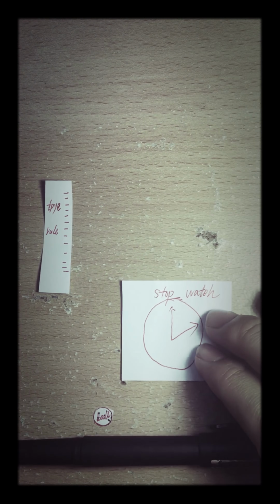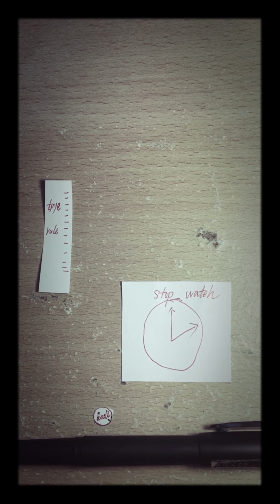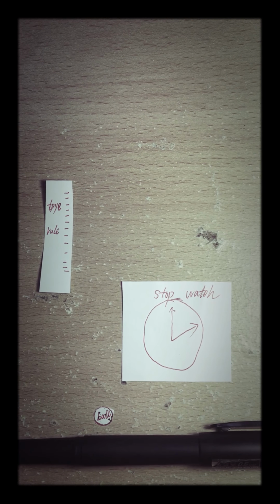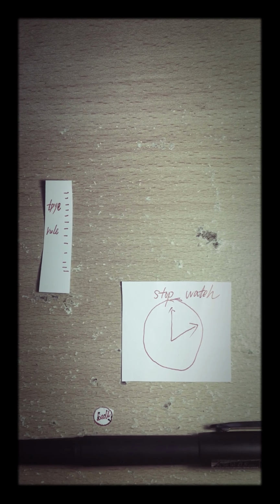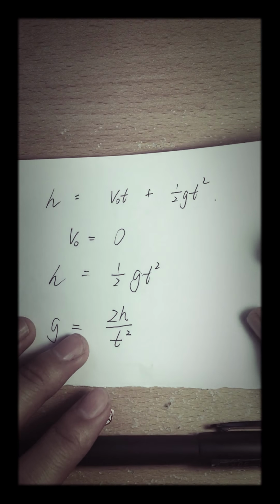Okay, we stop the watch, and we got two figures, which are the height of the ball above the ground, and also the time taken of the whole movement. According to this formula, we can get the final g.